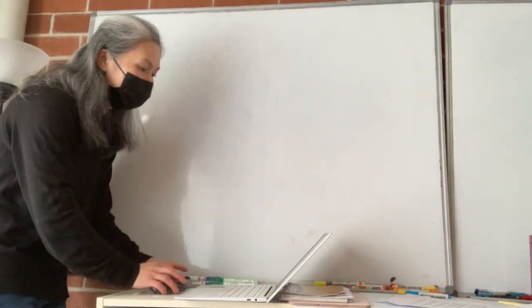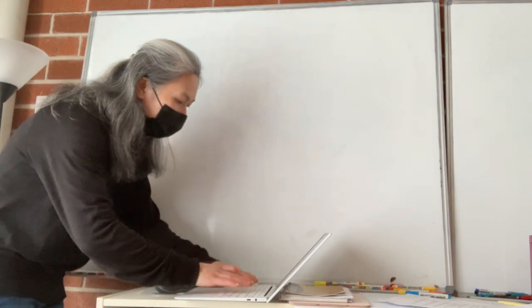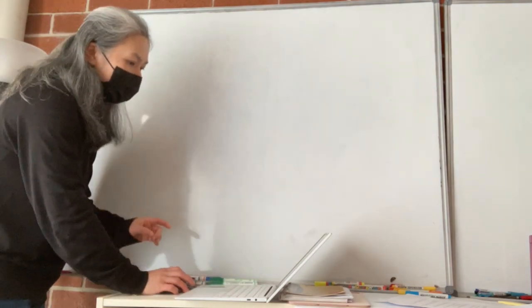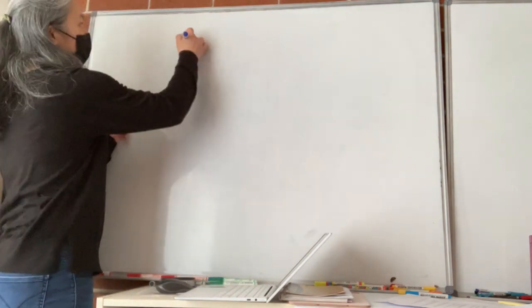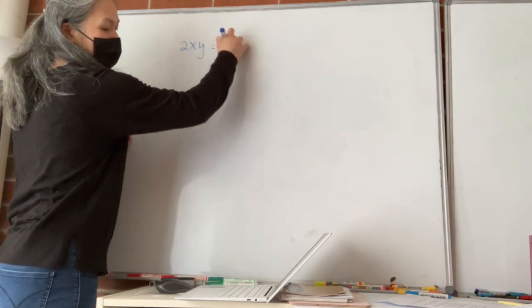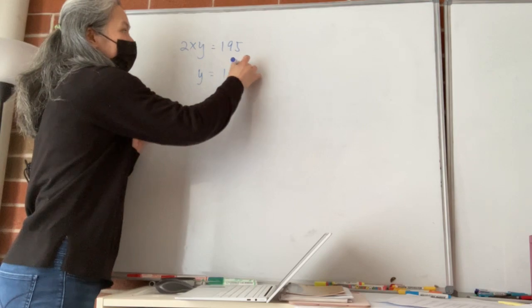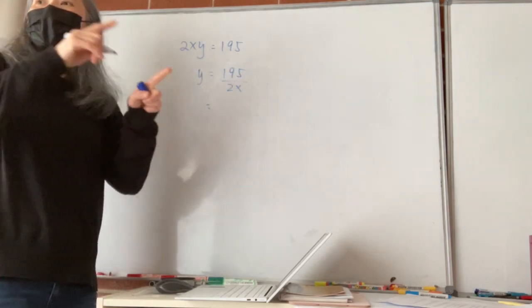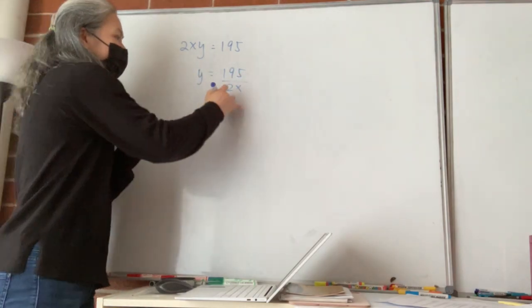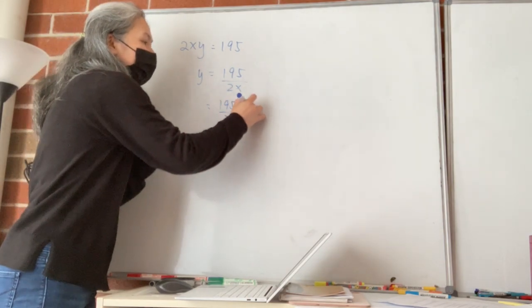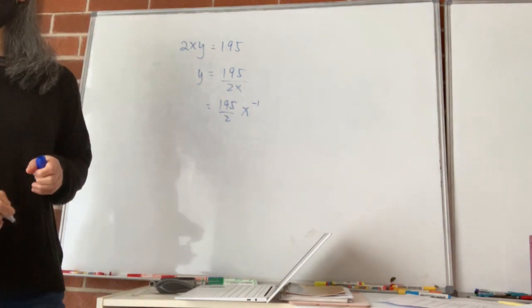Do not move the 2. For that question, when you move it about, always remember, do not move the constant away. So you have 2xy equal to 195. When you move it, y is equal to 195 on 2x. Leave the 195 on 2 alone. 195 on 2x minus 1.